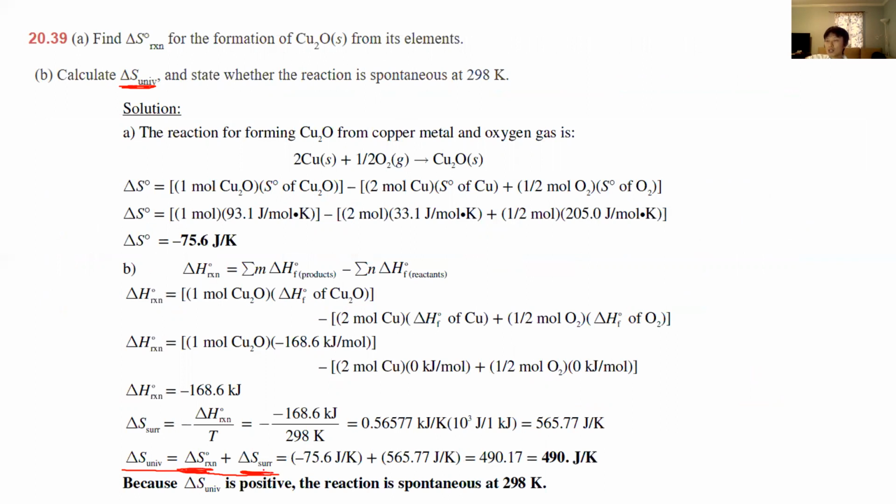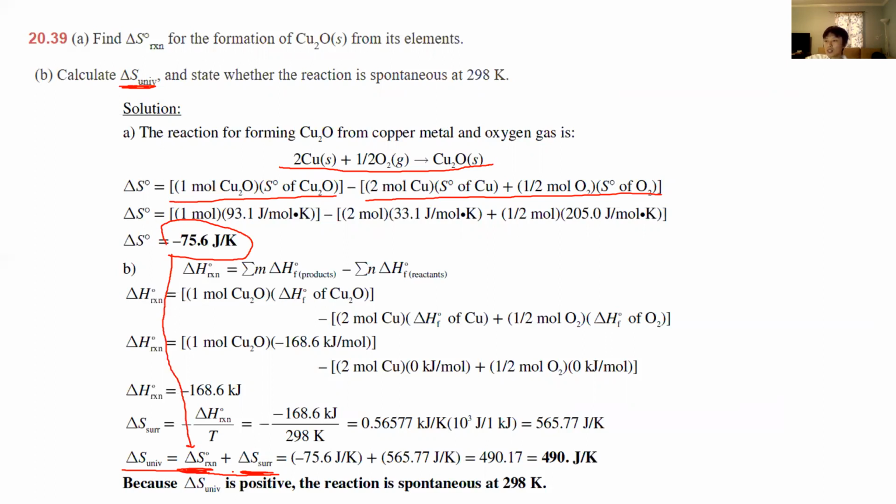For delta S of reaction, we use appendix B to calculate. We know the reaction we're talking about, so this is our system. This is the delta S for the products, minus the sum of the delta S of the reactants. So we got the delta S of the system, or the delta S of the reaction.